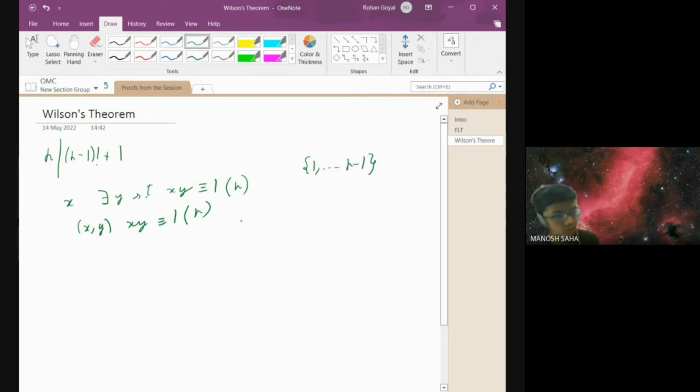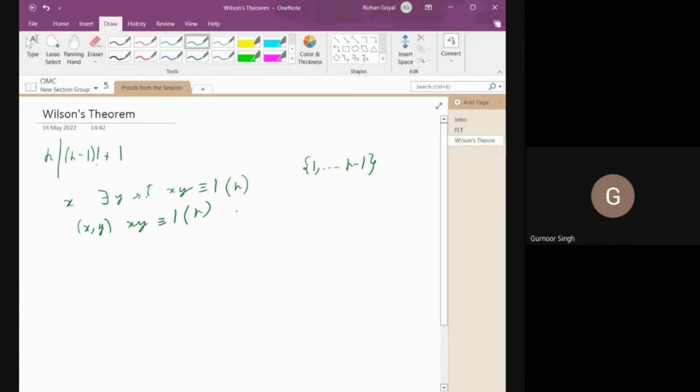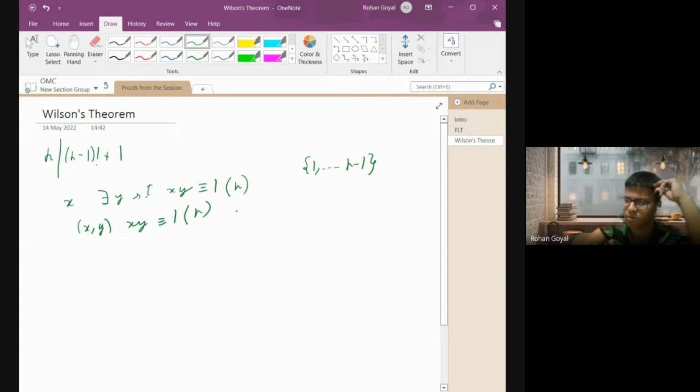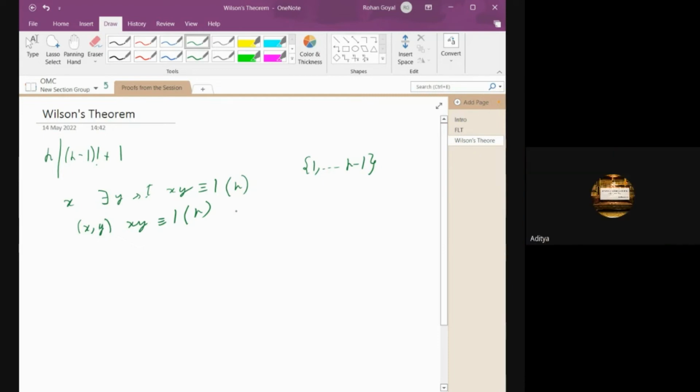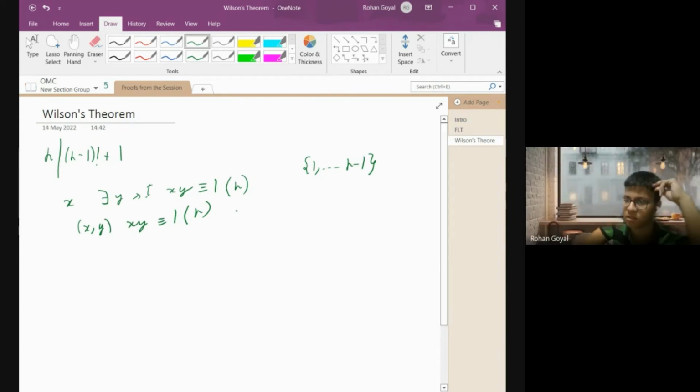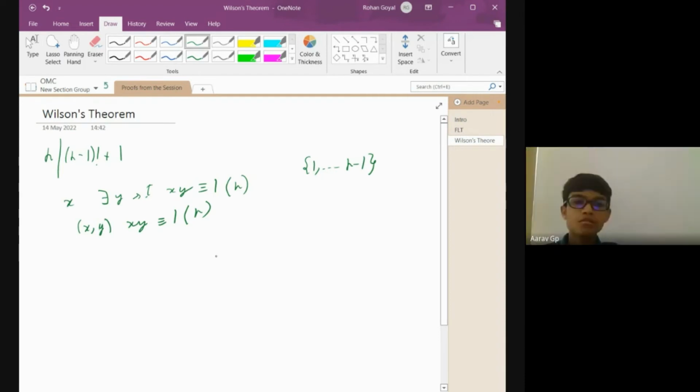So p minus 2? p minus 3 divided by 2? It should be p minus 1, because every element will have exactly one inverse.